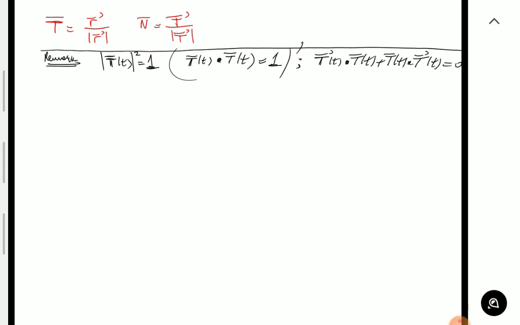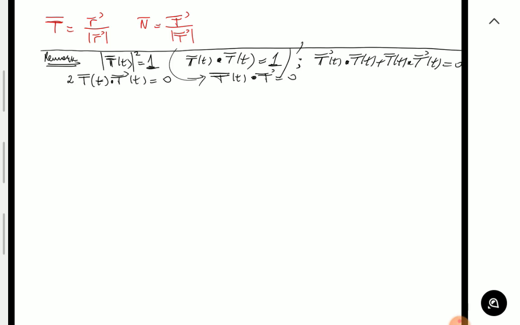Now the dot product is commutative, so this is the same as saying 2 T dot T prime is equal to 0, which is another way of saying that the unit tangent dot T prime is equal to 0.